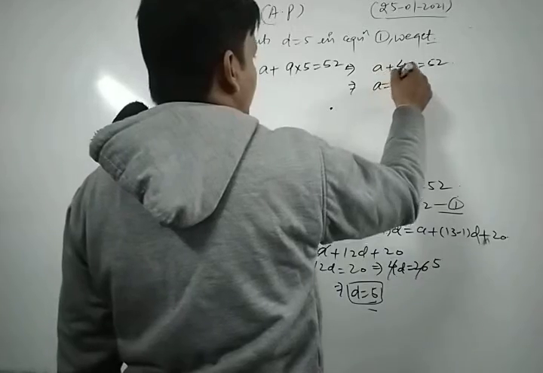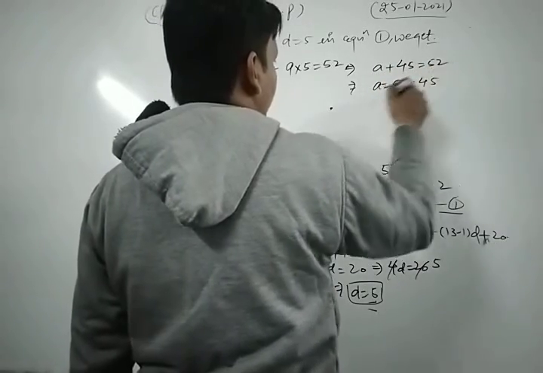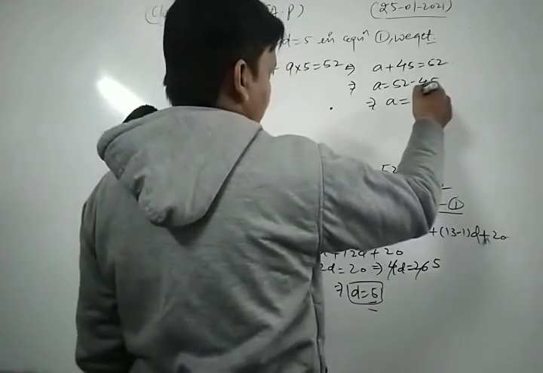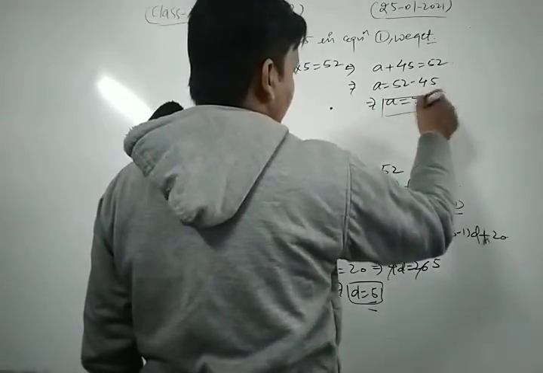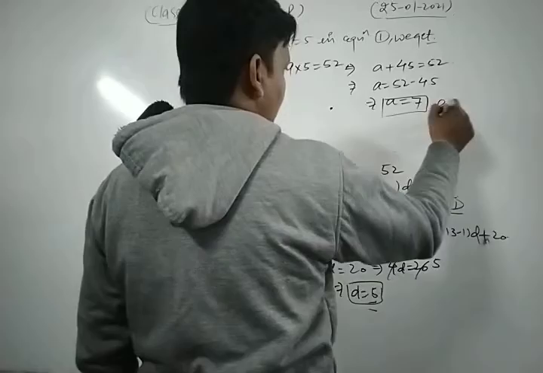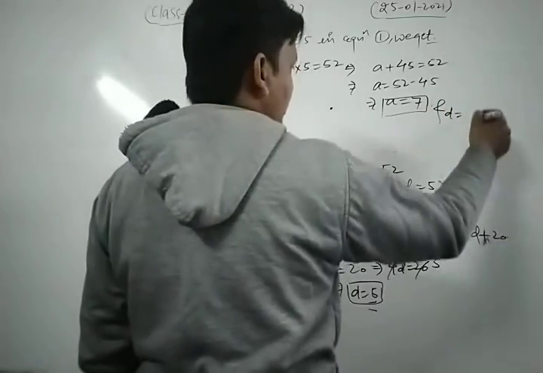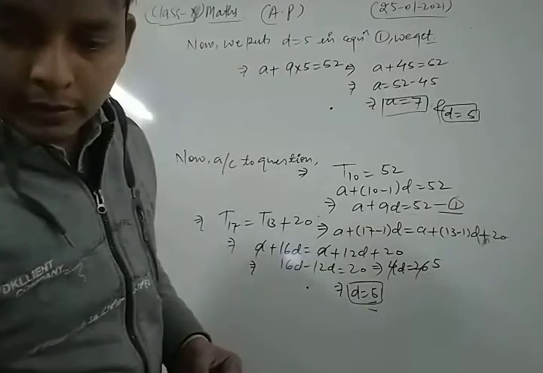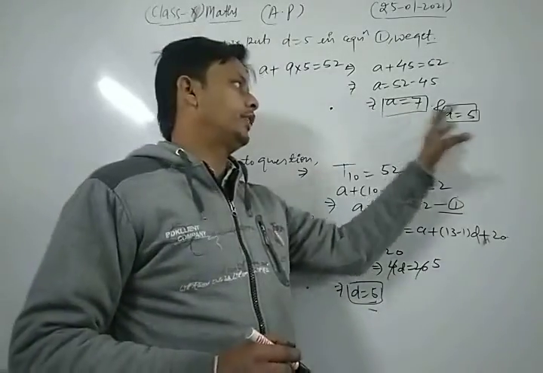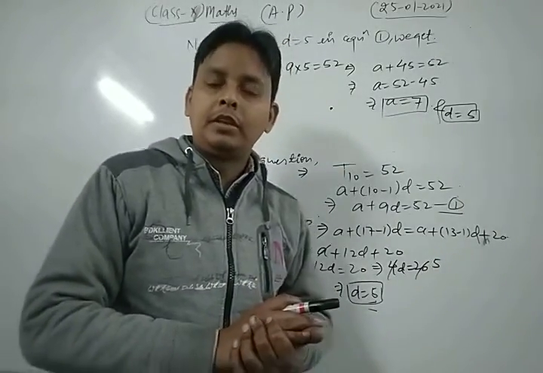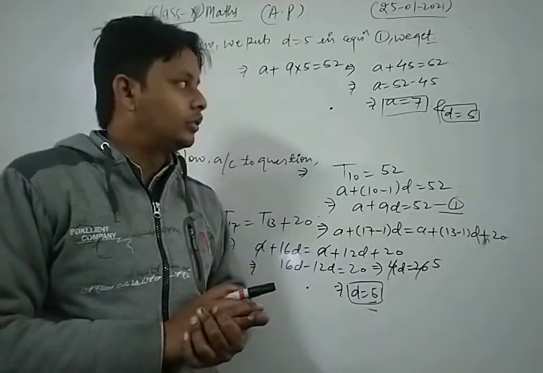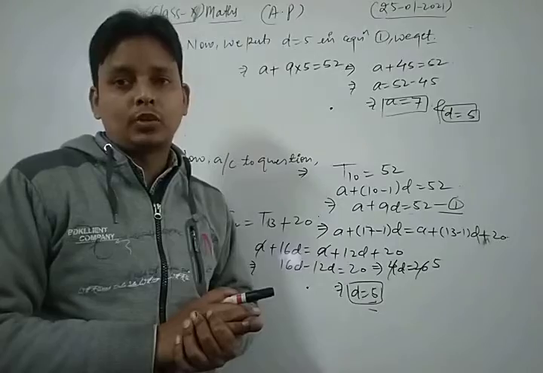That is, A plus 45 is equal to 52, so A is equal to 52 minus 45, which is 7. Thus the value of A is 7 and the value of D is 5. In this way, dear students, we find the values of A and D.